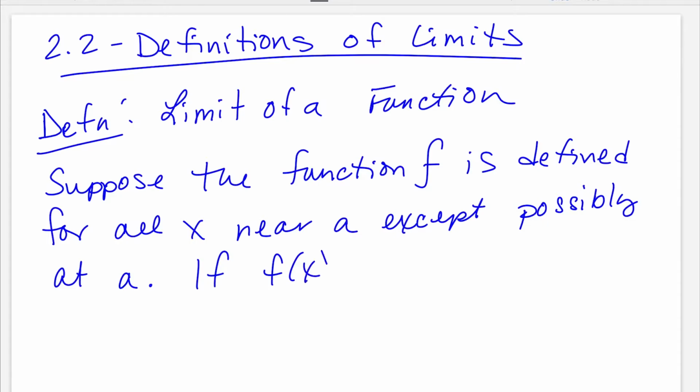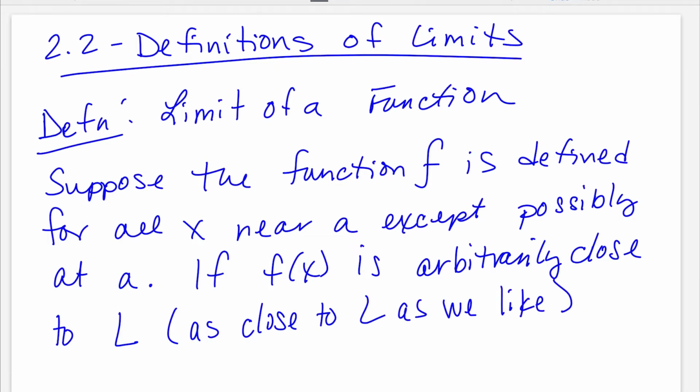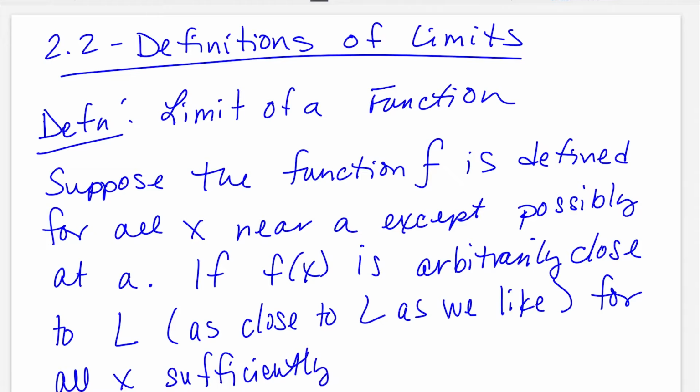If this f of x is arbitrarily close to L, as close to L as we like, for all x sufficiently close but not equal to a, we write. I'm going to squeeze this in.